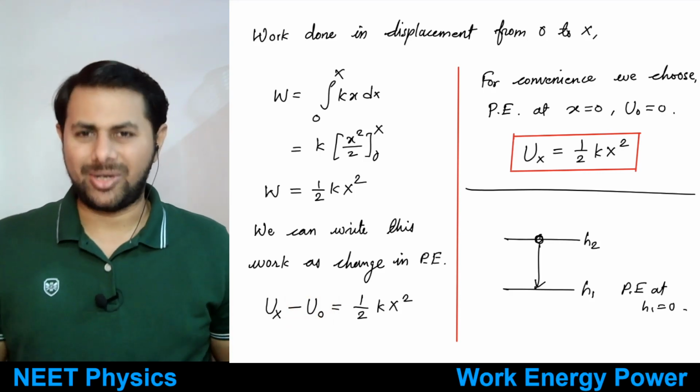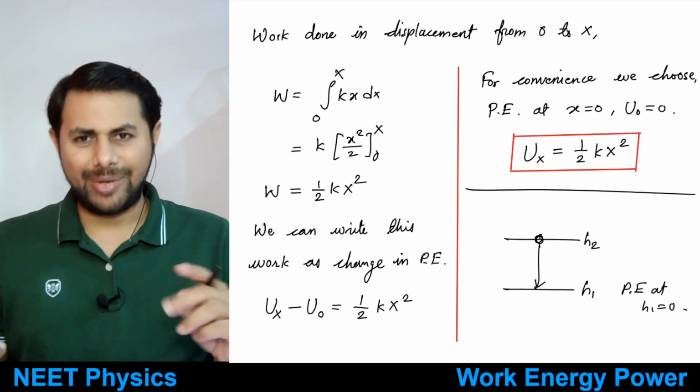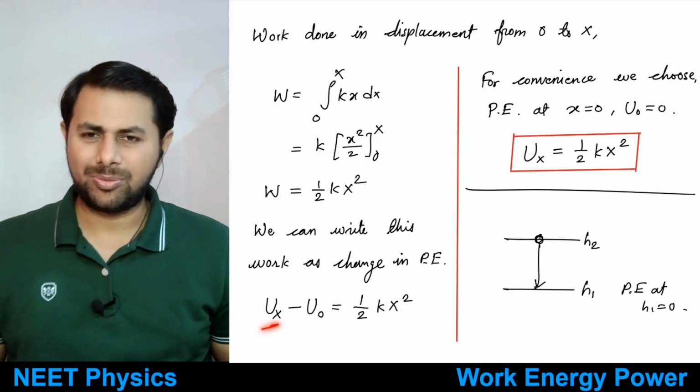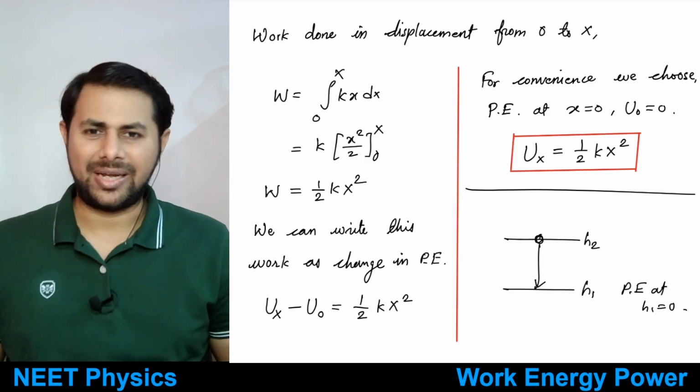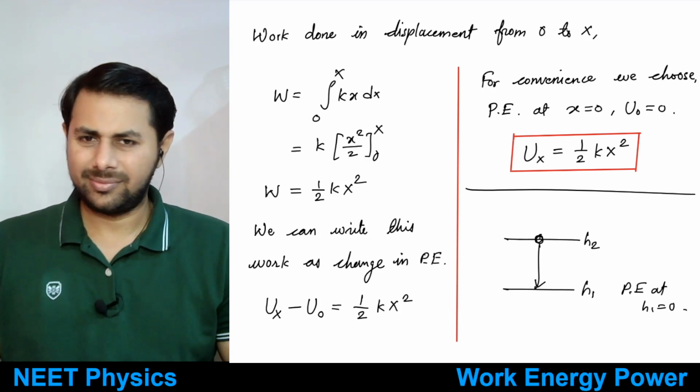That will be some constant value. When we take that value, with respect to it we can find the potential energy at displacement x. Is this clear? Yes, no? Okay, everyone?